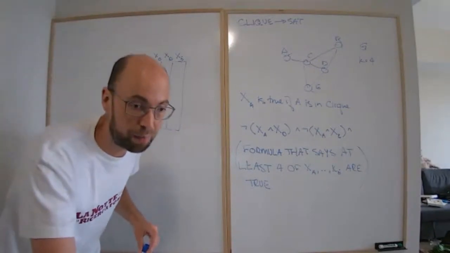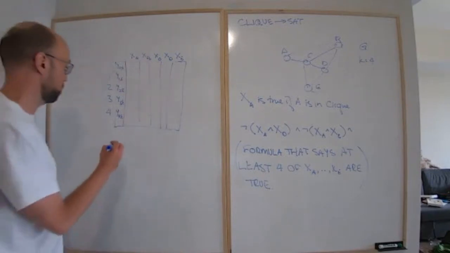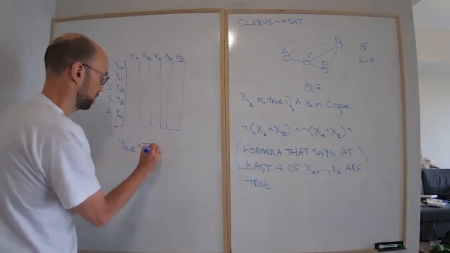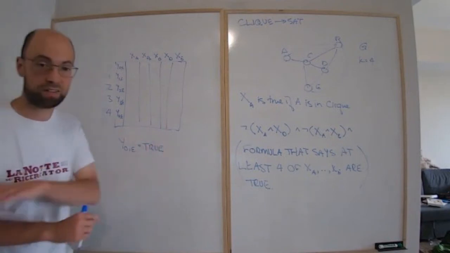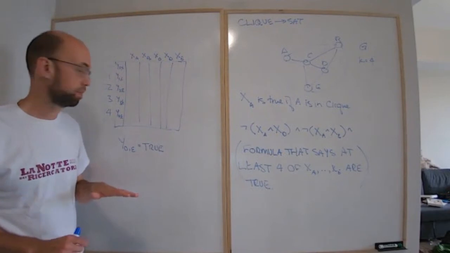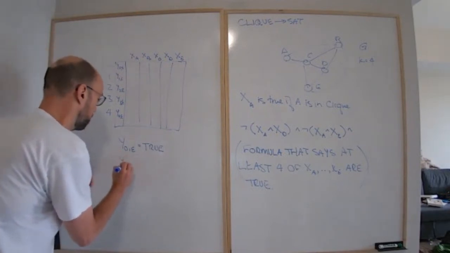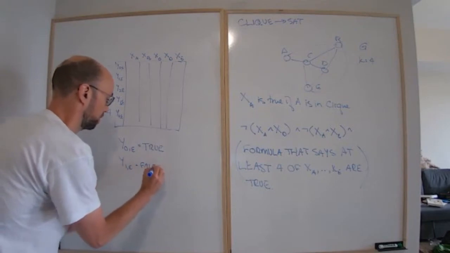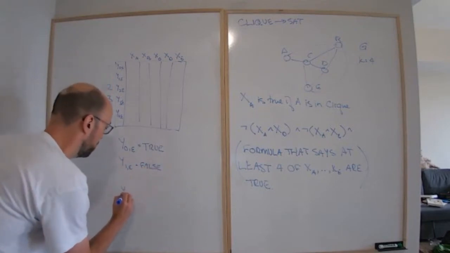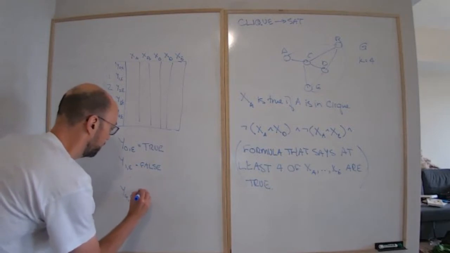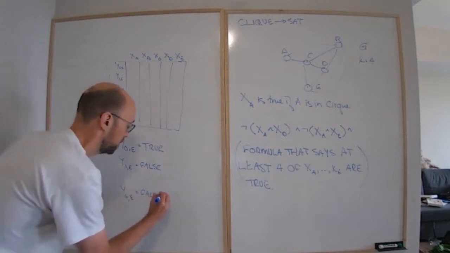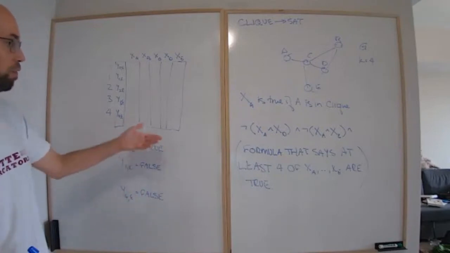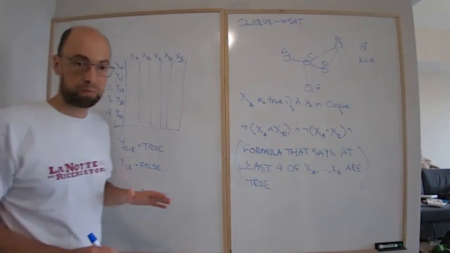I'm going to run out of time. Okay, so Y0 empty is true. I can set that. But Y1 empty is false, down to Y4 empty is false, because I cannot get one variable true out of no variables.